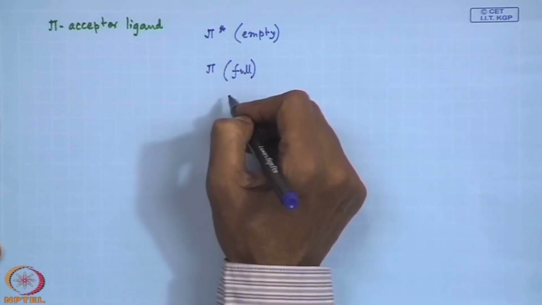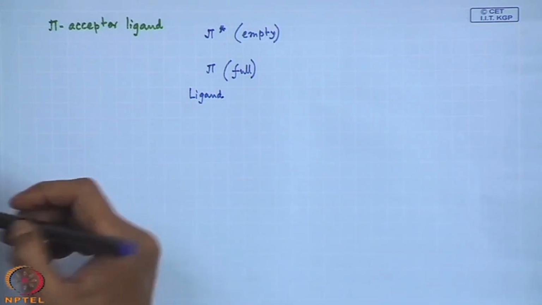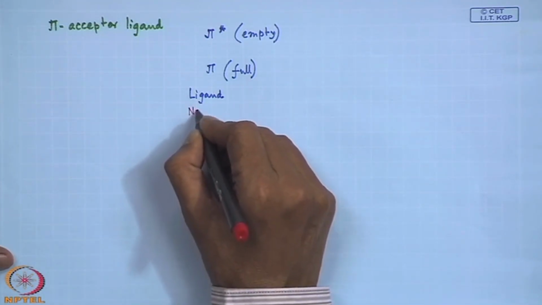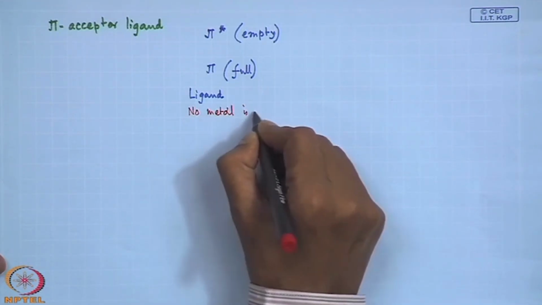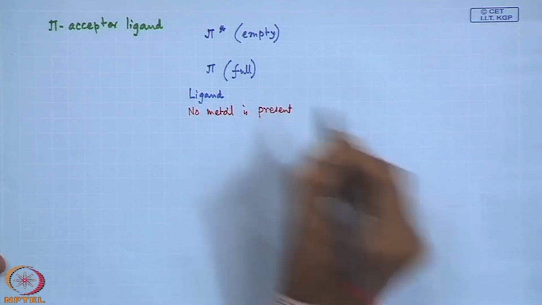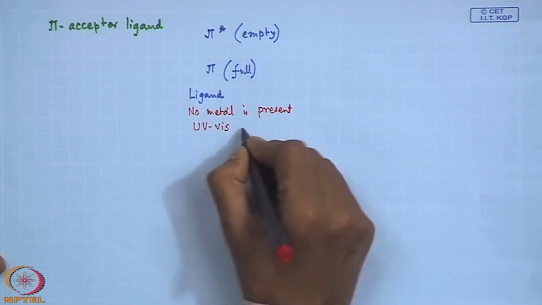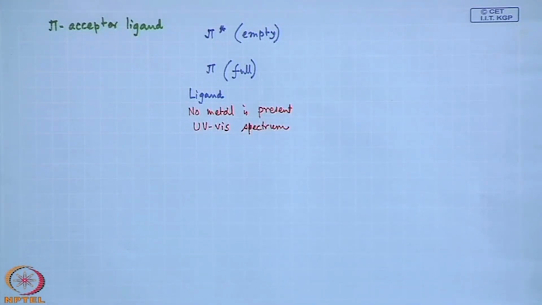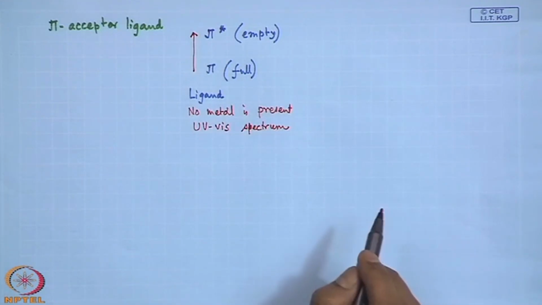In the typical molecular system of the ligand, when no metal is present, that means no complex has been formed, in the UV visible range of the spectrum we will see one transition, which can be a pi to pi star transition.